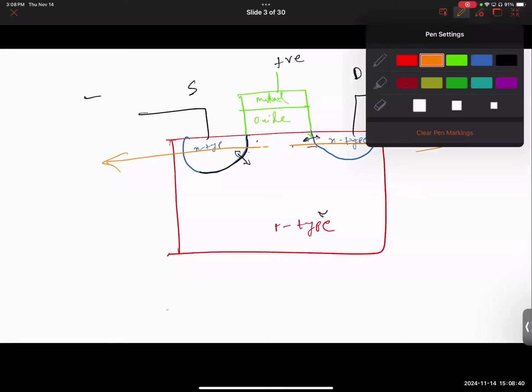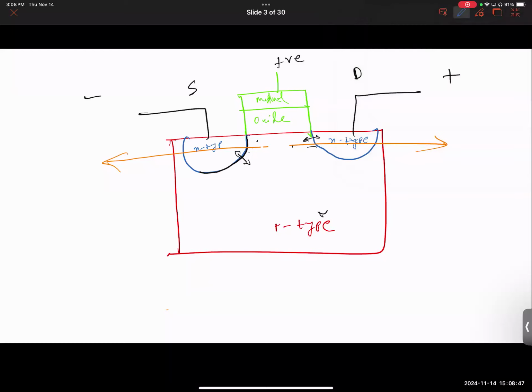After the holes are gone, electrons, which were minority, there are a few electrons here and there, will come and pile up closer to the interface. There is a very thin layer of electrons, which is the inversion layer. Isn't that what we discussed in the MOS concept, metal oxide semiconductor? We didn't talk about source and drain; we didn't need them. We just discussed this action so far, inversion.